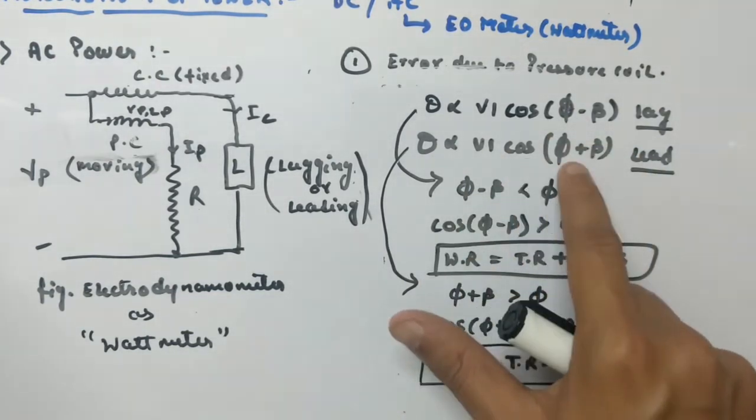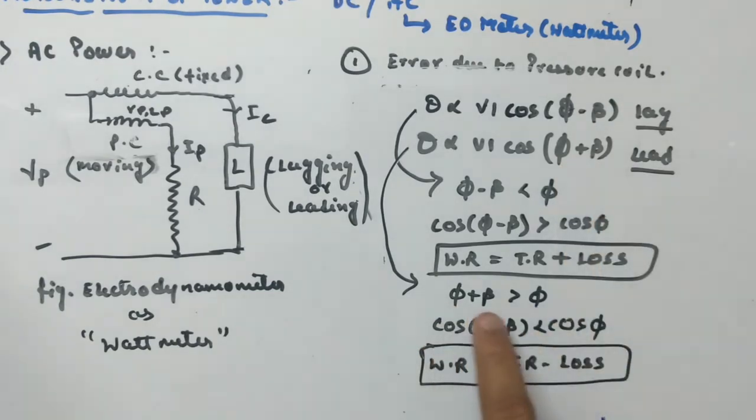Similarly, for the second case you had phi plus beta, so phi plus beta is greater than phi, which means cos phi plus beta will be less than cos phi, so the wattmeter will show a reading less than the true reading: true reading minus some loss.